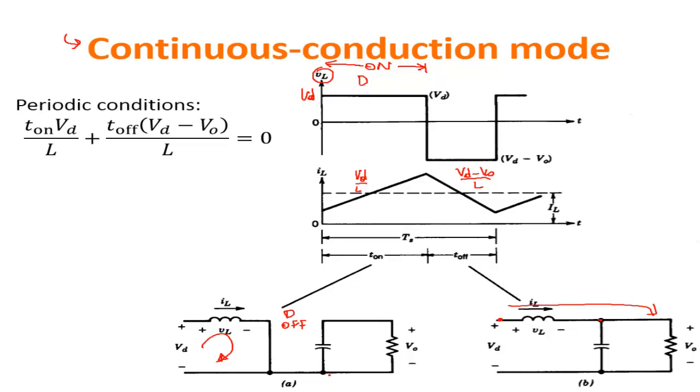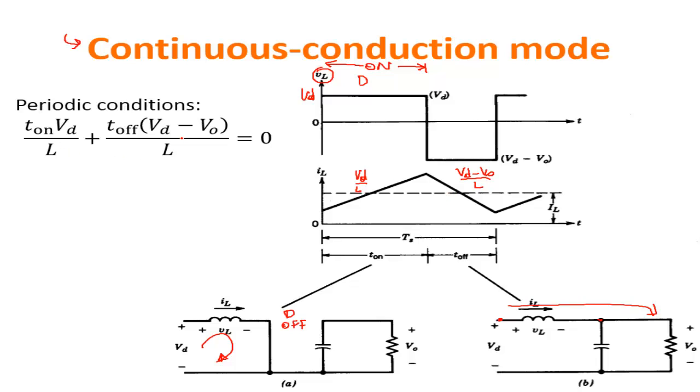Again, as we said before, one can assume that in the steady state you have periodic conditions, so you can compute the quantity by which the current increases during T on, the quantity by which the current decreases during T off, and the two have to be equal, and therefore this is the expression that you make.